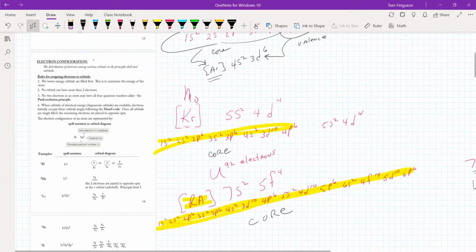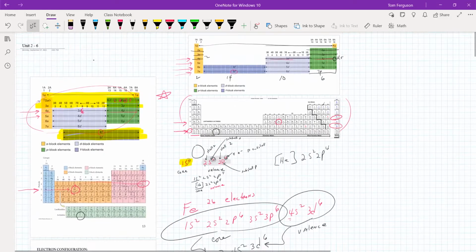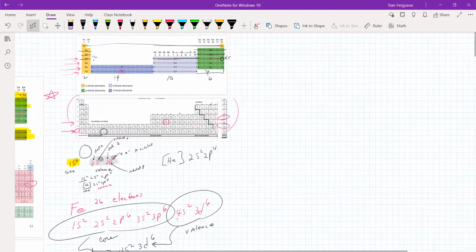In the second half of the lecture, we're going to subdivide the subshells. I'm going to go back up to simple examples up here.